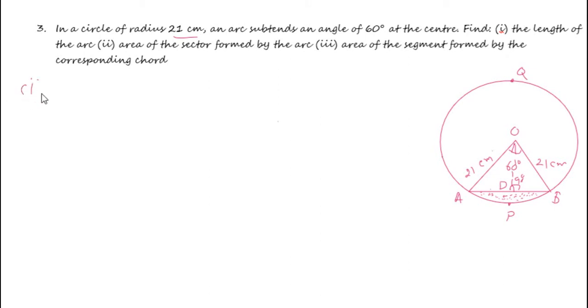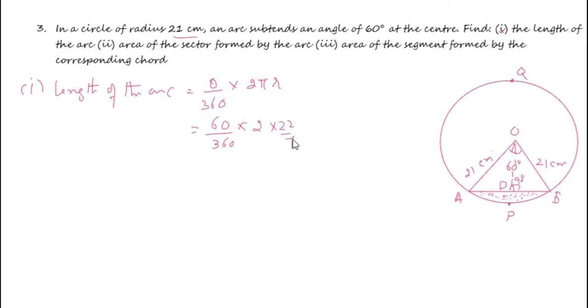So first one is length of the arc. Length of the arc equal to theta divided by 360 into 2 pi r. Theta equal to 60 divided by 360 into 2 pi r. 2 into 22 divided by 7 into r.